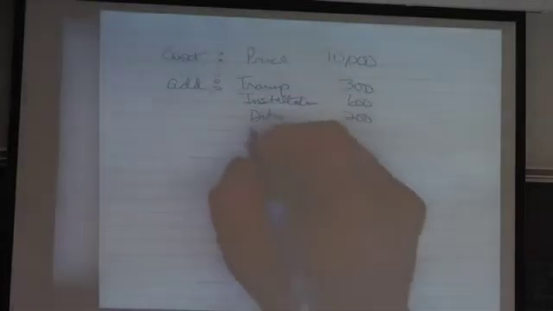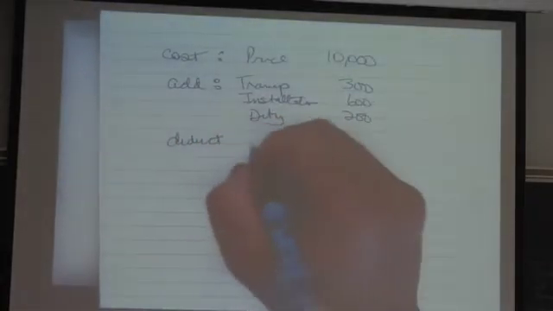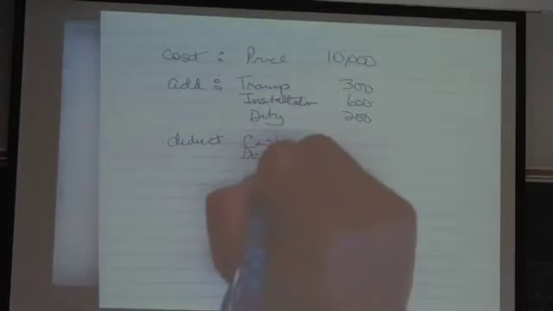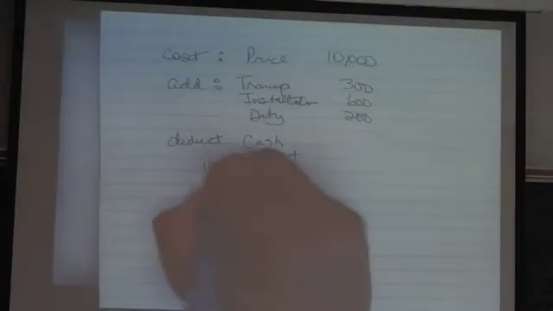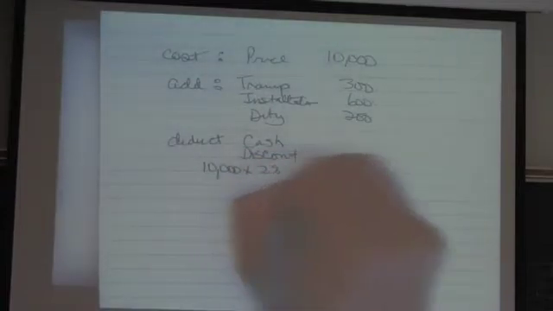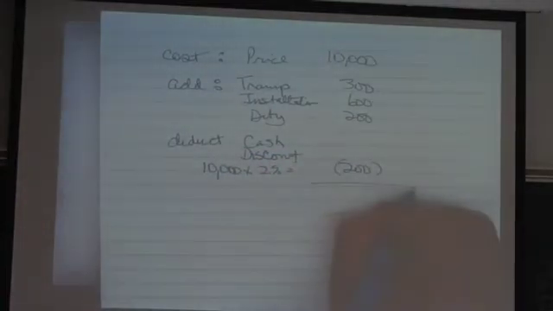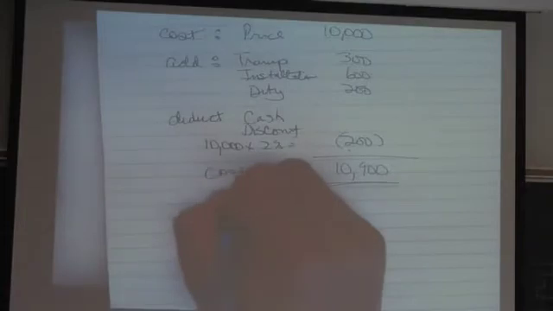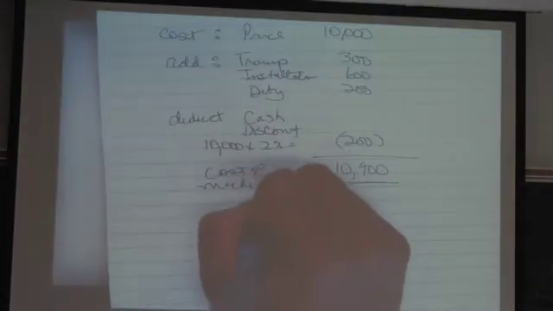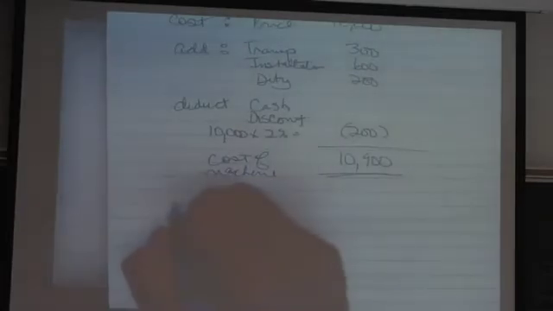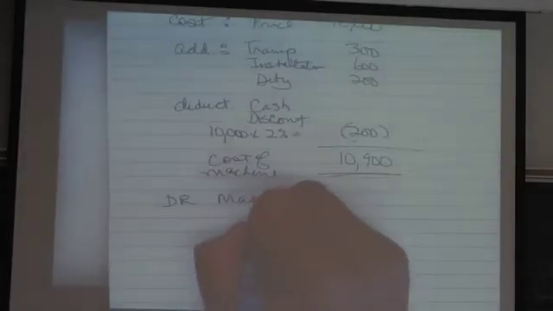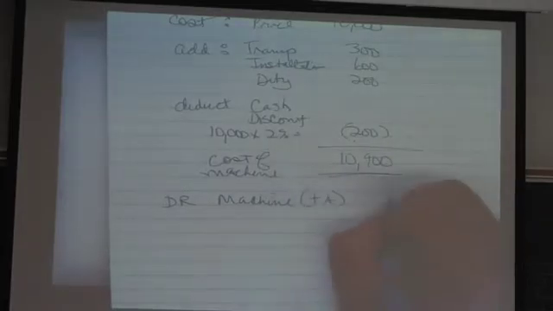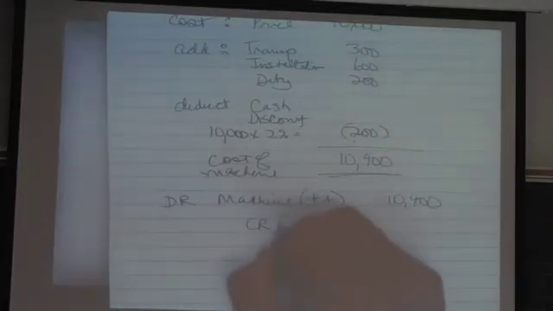So if they paid within the 15 days, we're going to deduct the cash discount, and that is $10,000 times 2%. So the cost of the machine is $10,900. So the entry will be debit machine, it's an asset, credit cash.